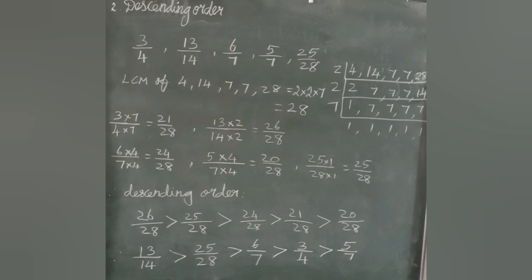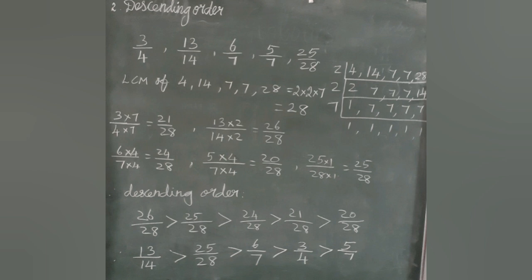3 by 4, 13 by 14, 6 by 7, 5 by 7 and 25 by 28. Now, the LCM of the denominators is equal to 28. Now, we can change the denominator to 28.